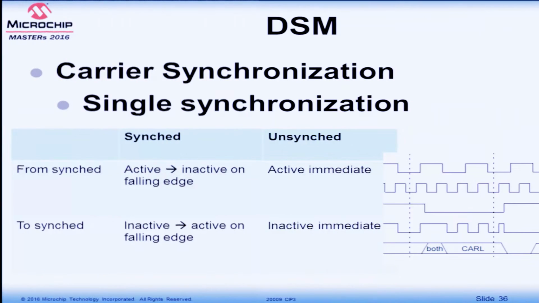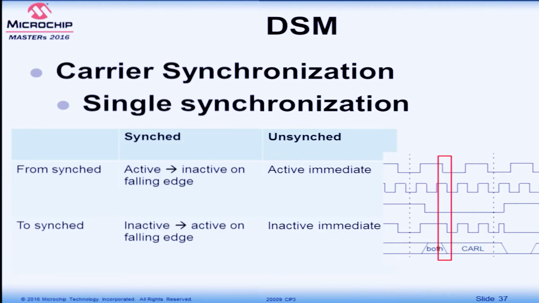This is my high side. This is my low side. For some reason, my low side frequency is higher than the high side, which is ironic. This is my input, or this is my modulating signal, right? So if I am synced with the high side, what's going to happen?